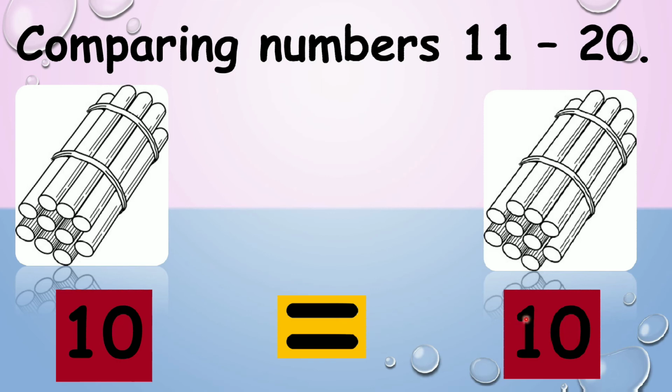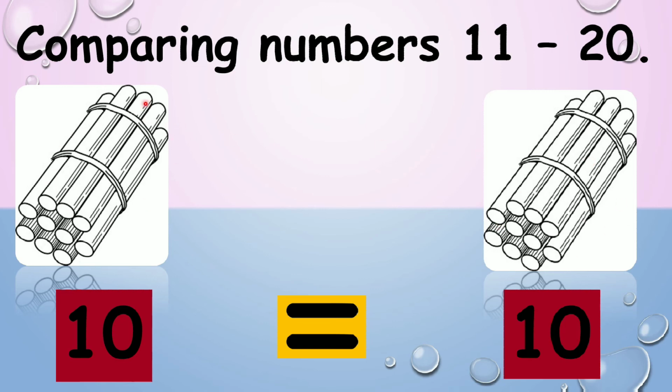What do you think? Well, if this is a bundle of 10 and this too is a bundle of 10, meaning they are equal. This bundle is equal to this bundle, okay?